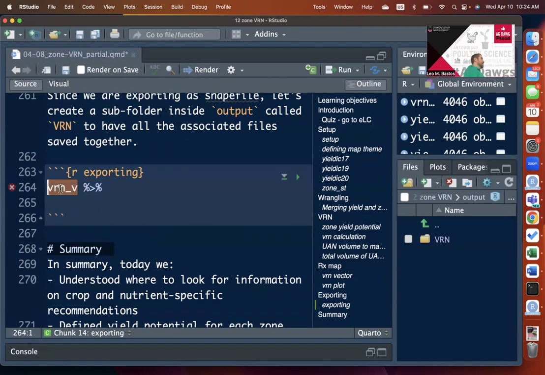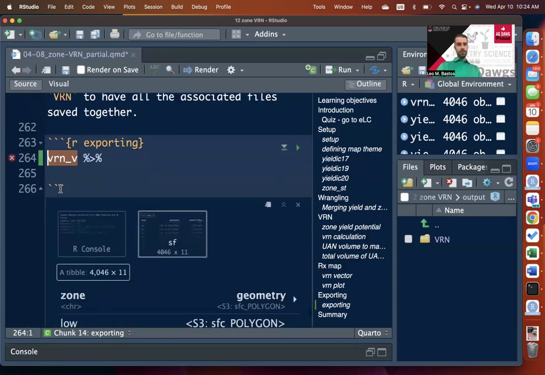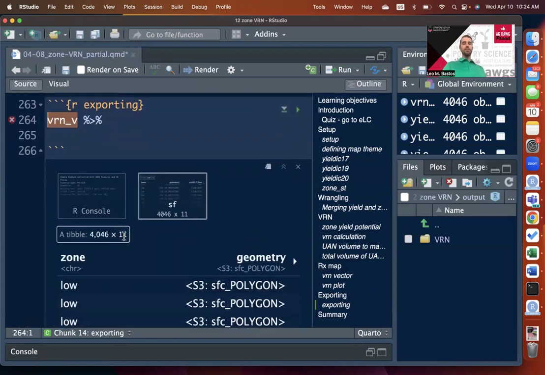So something to think about. VRN has 11 columns. Really, all the grower cares about at this point is the UAN rate column itself.